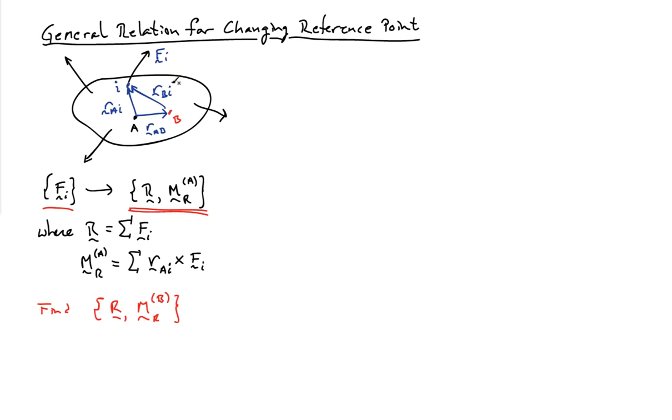Okay, so with that bit of geometry there, note that I can write MRA in terms of the two vectors RAB plus RBI.